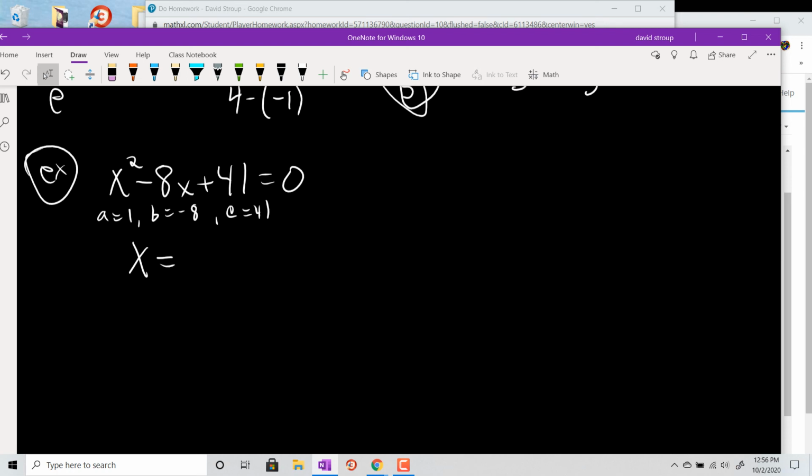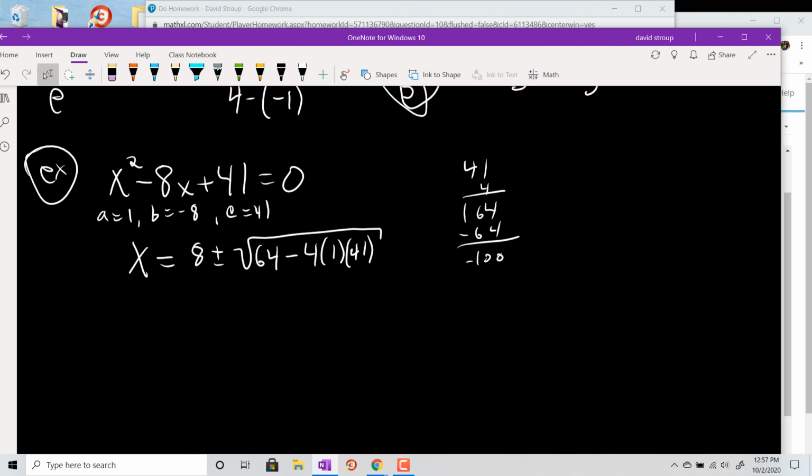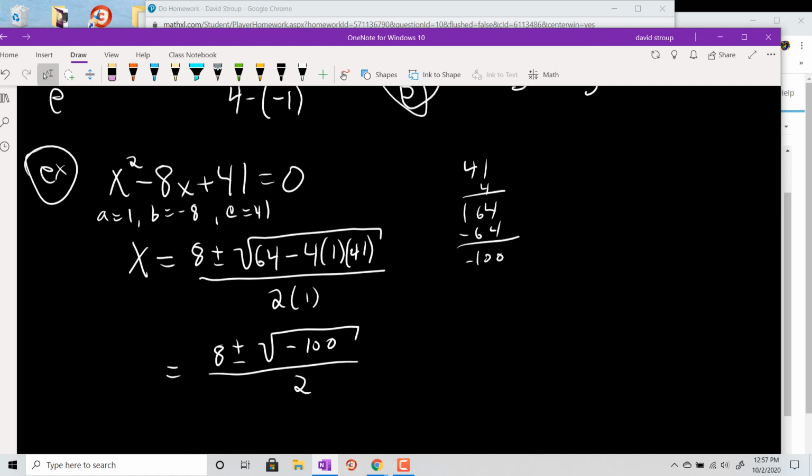So I'm going negative b, which is 8, plus or minus the square root of b squared, 64, minus 4 times a times c, which is 41. So 41 times 4 is 164, and then I have to subtract away 64. It's going to give me 100, but negative. And that's all over 2 times a. So that'll be 8 plus or minus the square root of negative 100, all over 2.